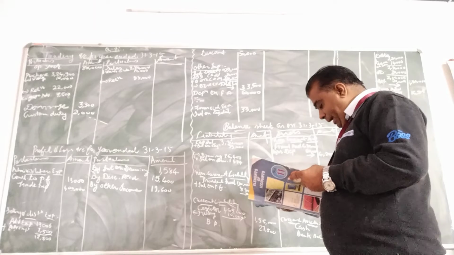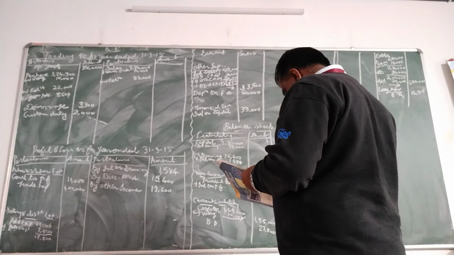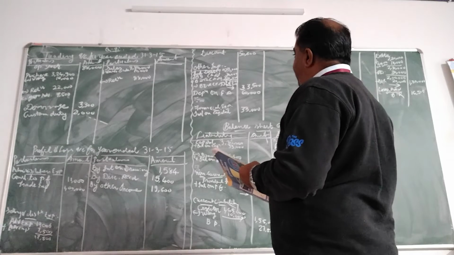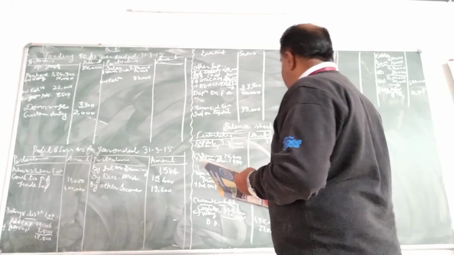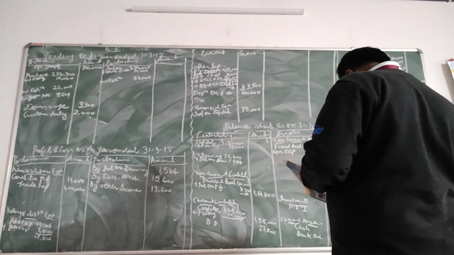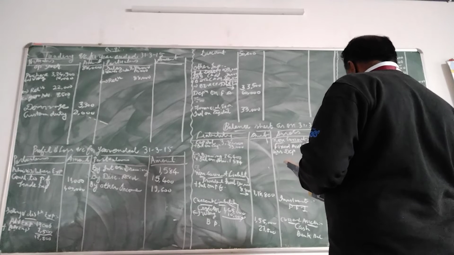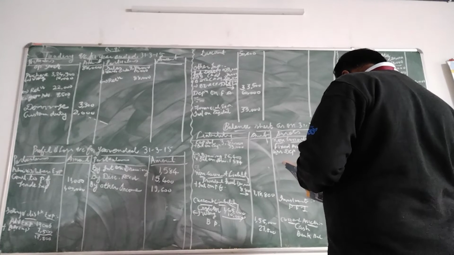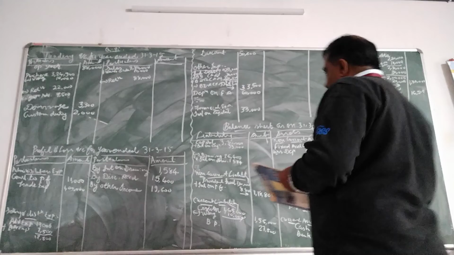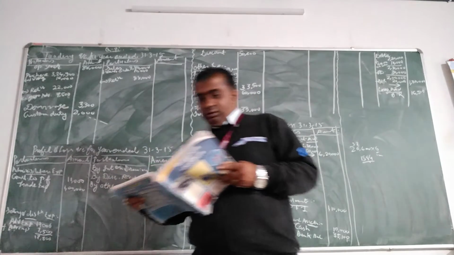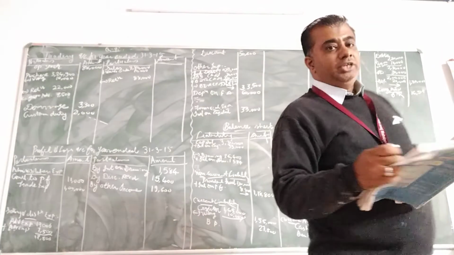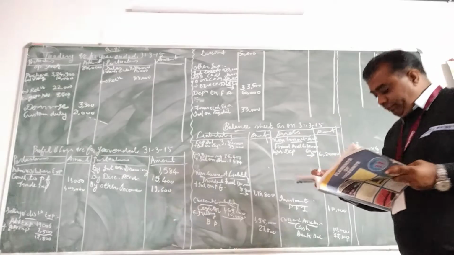Write off bad debt is recorded. Then fifth adjustment, interest on capital is also recorded. Interest on drawing is also recorded. Depreciation is also recorded. Only the first adjustment is unrecorded, so we record it.